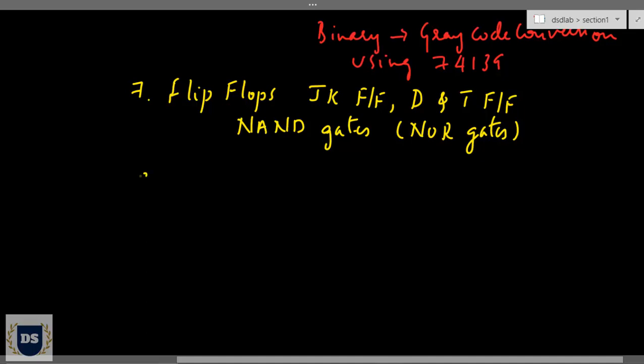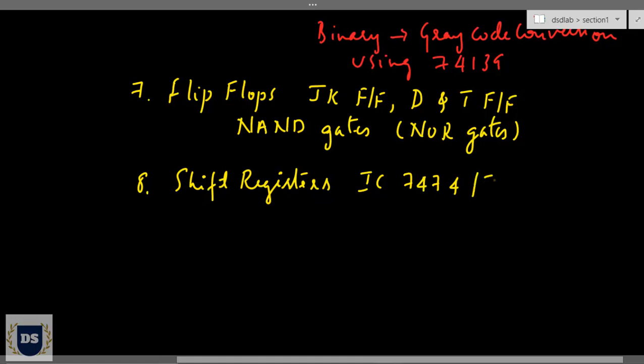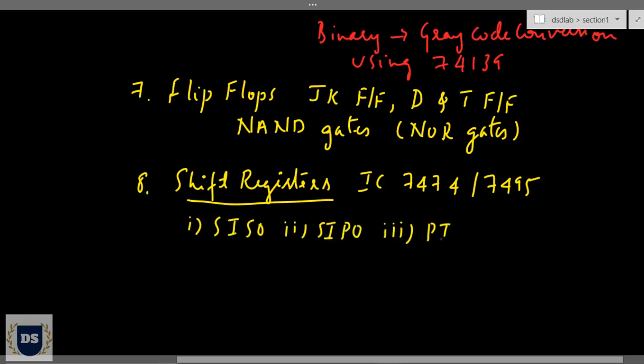In our experiment number 8, we'll realize shift registers, using IC 7474 or 7495. And using these shift registers, we'll do operations such as serial in, serial out, serial in, parallel out, parallel in, serial out, and lastly, parallel in, parallel out.